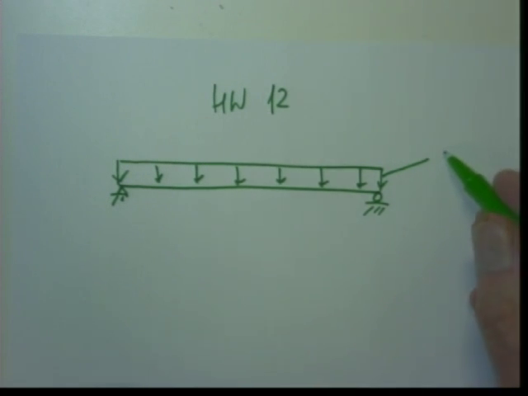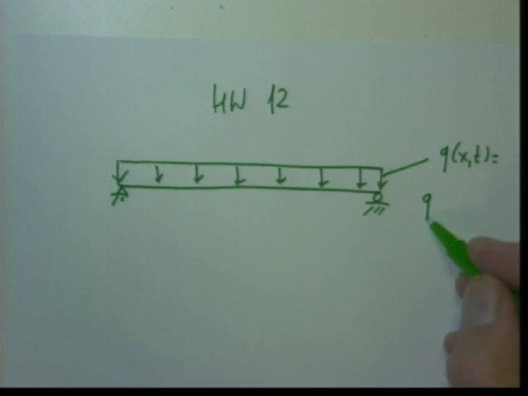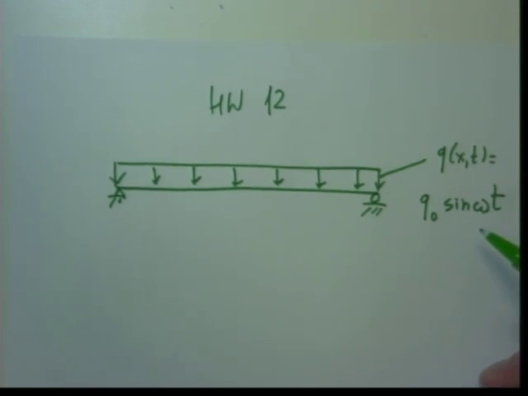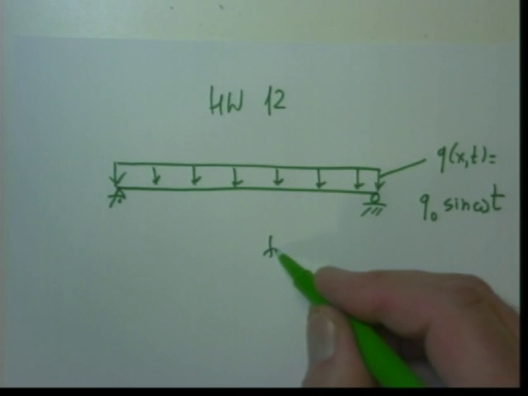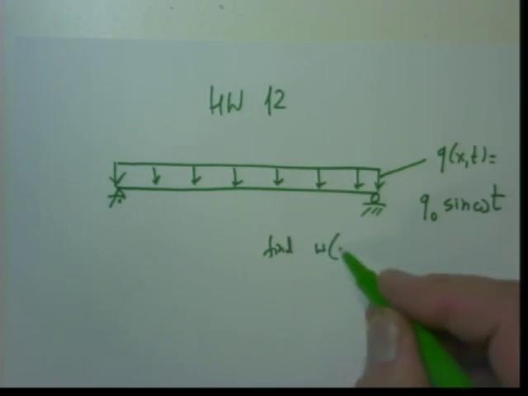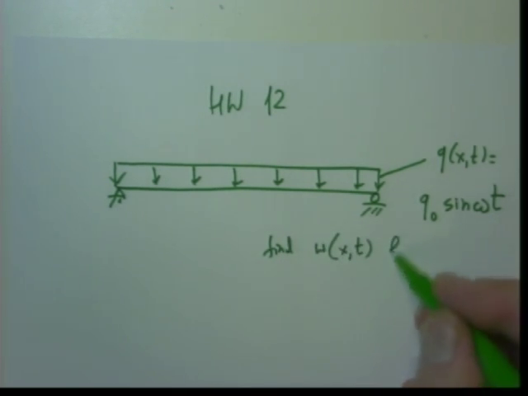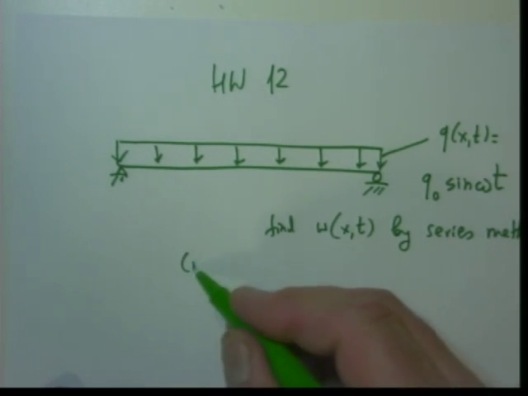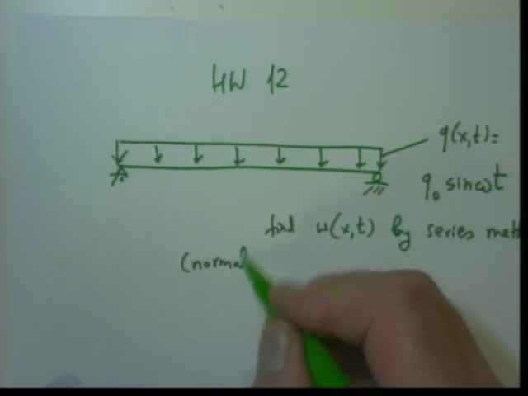This q(x,t) equals q sub 0 sine omega t. Find W(x,t) by series method. It is also called normal mode method.